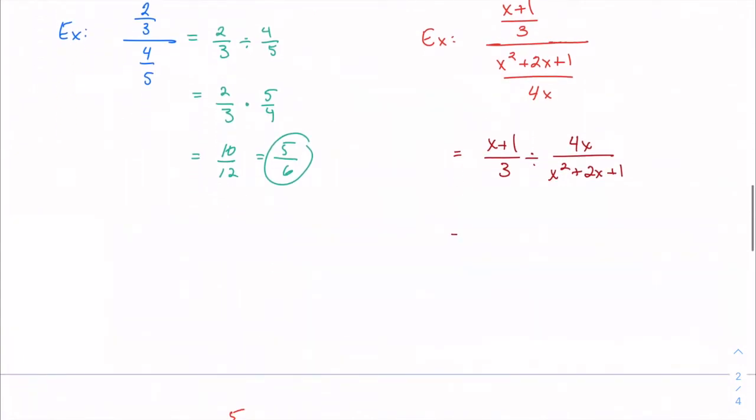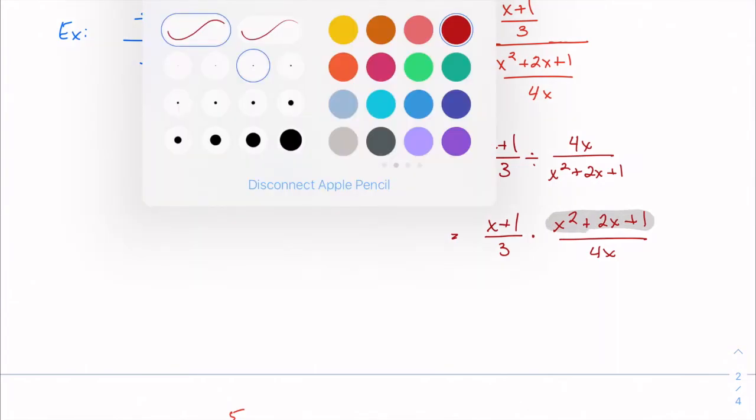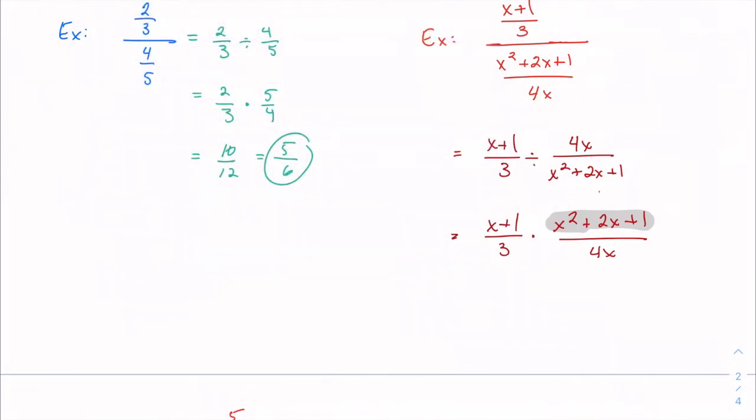So if we multiply these together, we're going to keep, change, flip, and multiply across. Well, before I do that, this, by the way, I know factors into x plus 1 squared.